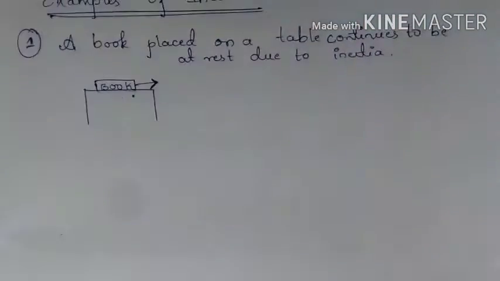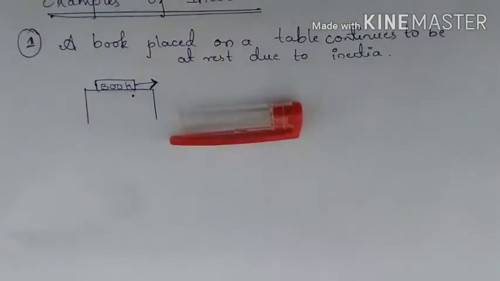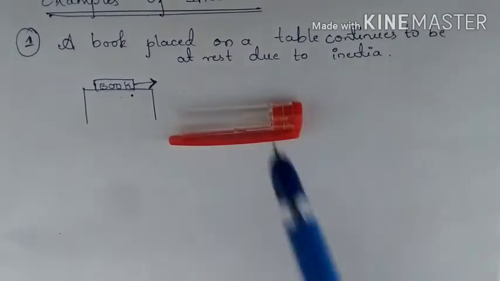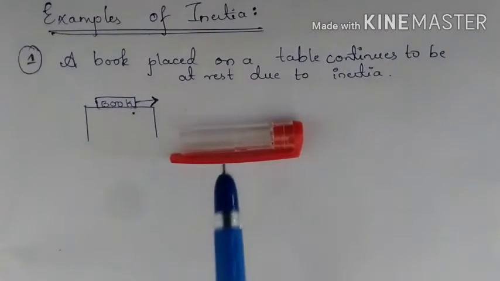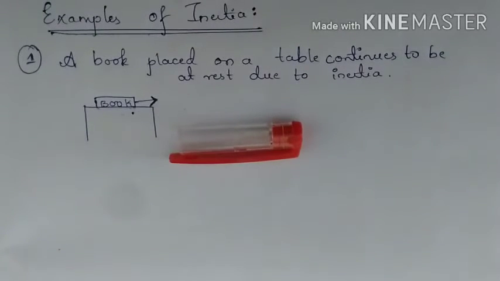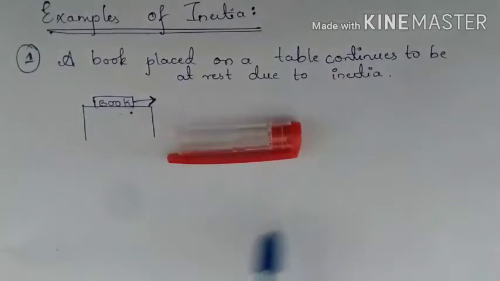Clear? So again, let us take the cap for example. I have kept this cap on the book, and this cap is at rest. Now this cap will remain at rest for minutes, for hours, for months, for years, until and unless there is a force which makes this cap displace.